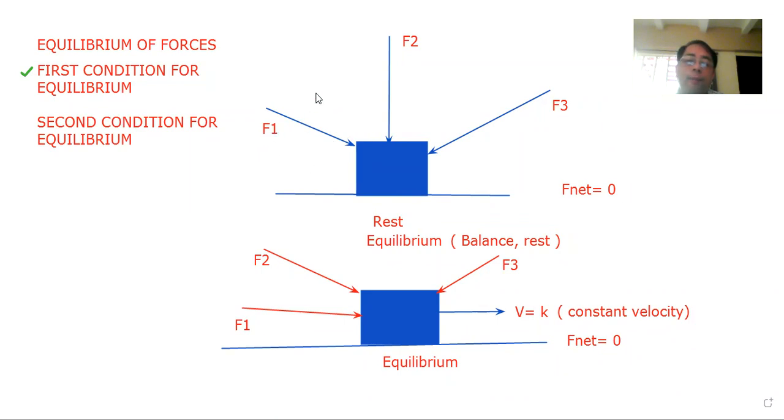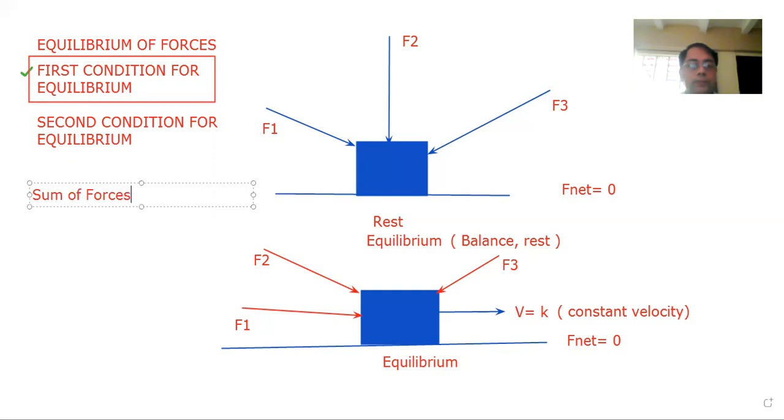If, when you add up all these forces, which we call the sum of the forces, or the vector sum of these forces, and we commonly indicate this by a summation symbol, with F there, and the sum of all these forces acting, like F1, F2, F3, add up to 0.